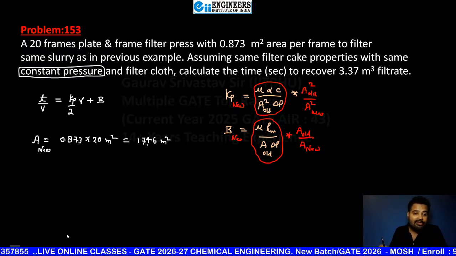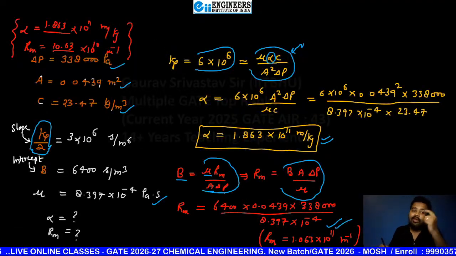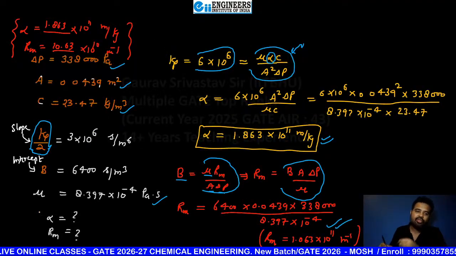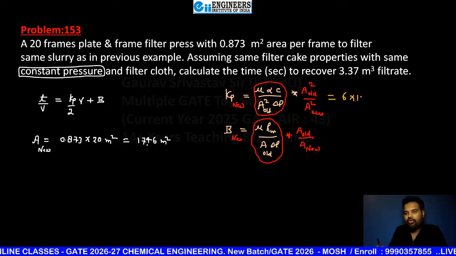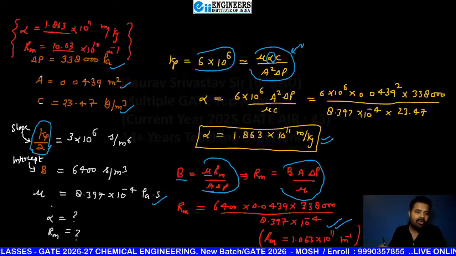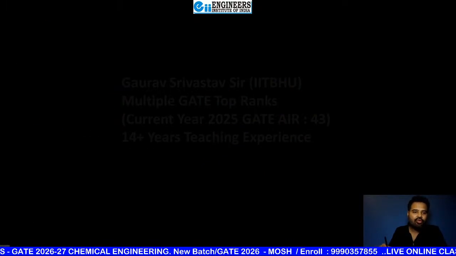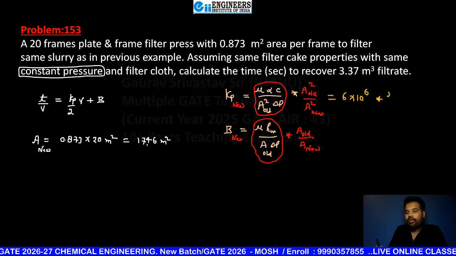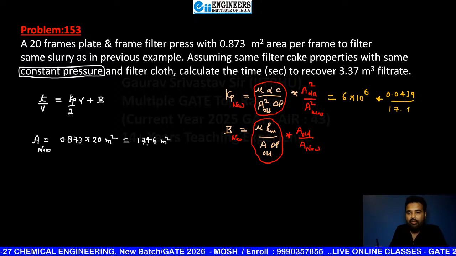So what data am I going to extract from there? The first data that I am getting is 3 into 10 raised to power 6 into 2, that means 6 into 10 raised to power 6. So its value is 6 into 10 raised to power 6 into a old squared. A old was 0.0439, and a new we just got 17.46.